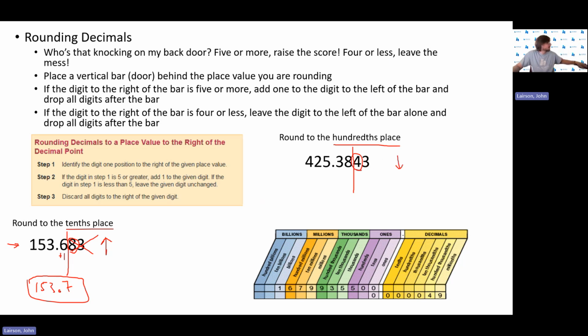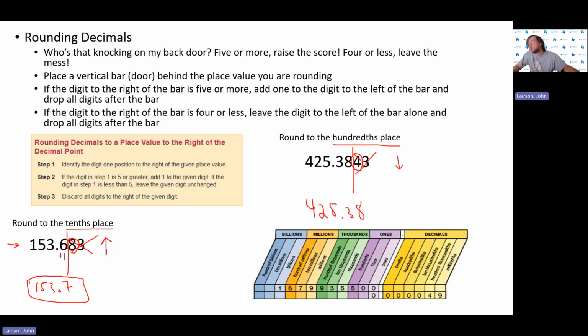Rounding down is a bit of a misnomer. It makes you sound like instead of adding 1, we should subtract 1 from this number. No, that is not what we do. We leave it alone. So when we round down, we leave it alone, right? So I'm not doing anything with this. So it's just 425.38.